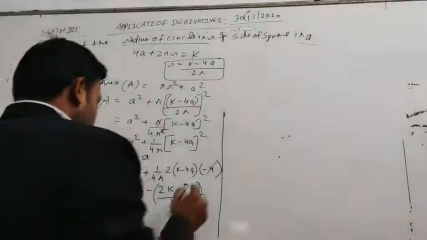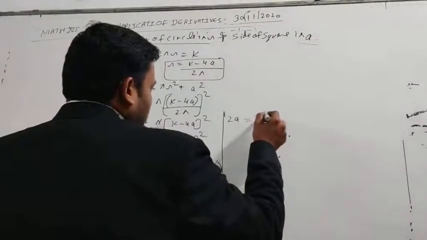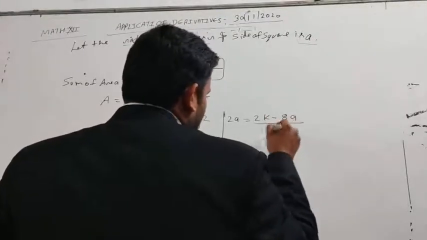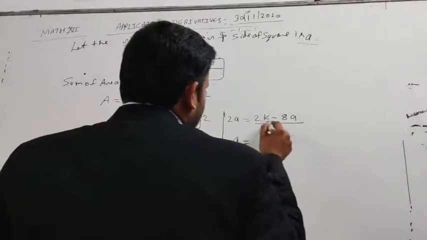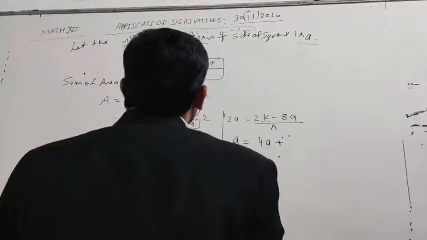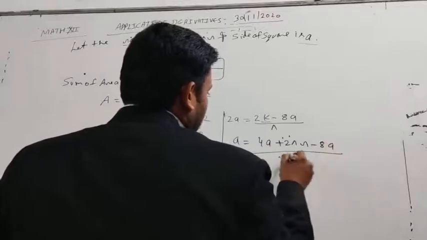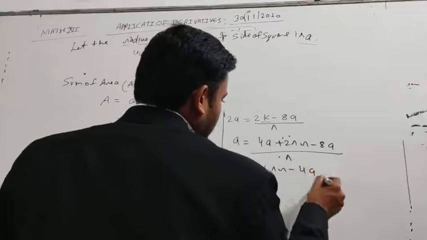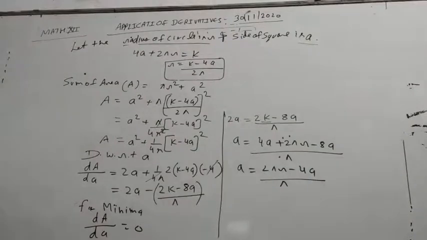Then it will be 2a is equal to 2(k minus 4a) by pi. So from here 2 will be outside and 2 will cancel. So here is k, and the value of k is 4a plus 2 pi r, minus 4a by pi. So a is equal to (2 pi r minus 4a) by pi.